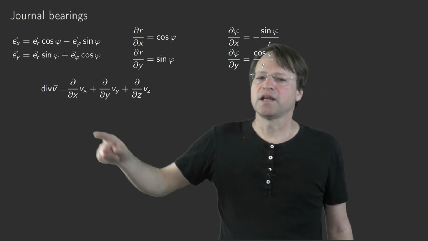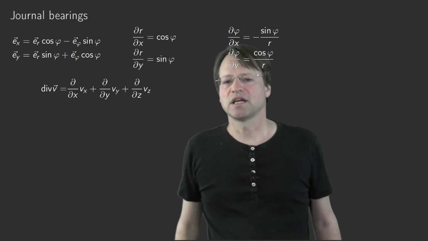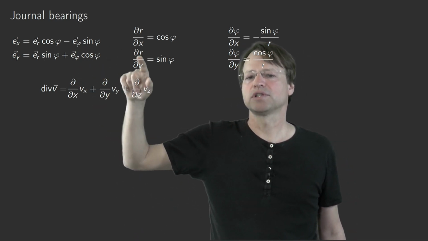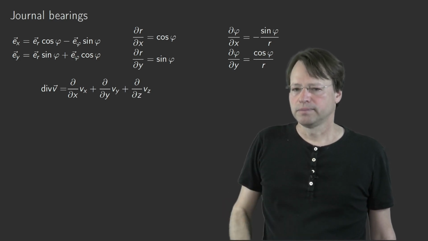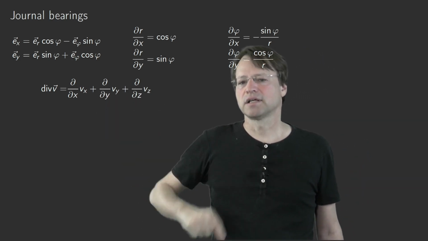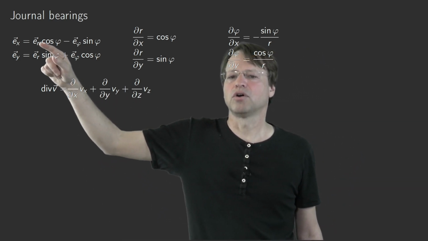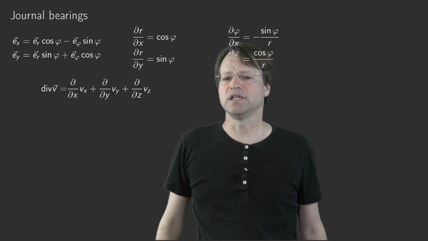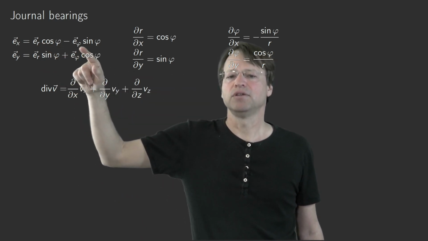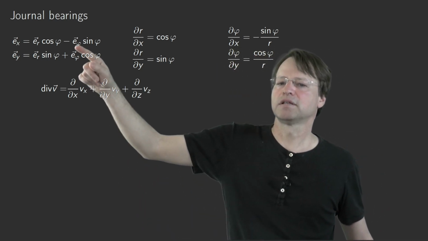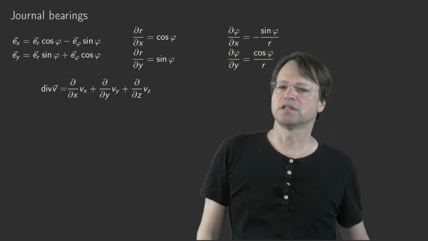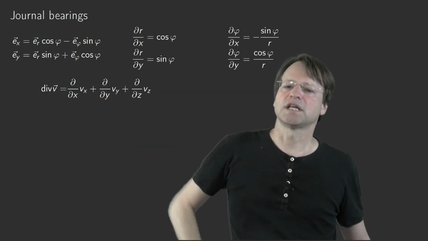Now, as you can see, I can replace the base vector e sub x by e sub r cosine phi minus e sub phi sine phi. Therefore, for v sub x, I could write the scalar product of v with the base vector e sub r times cosine phi minus the velocity vector multiplied, scalar product with e sub phi, sine phi.